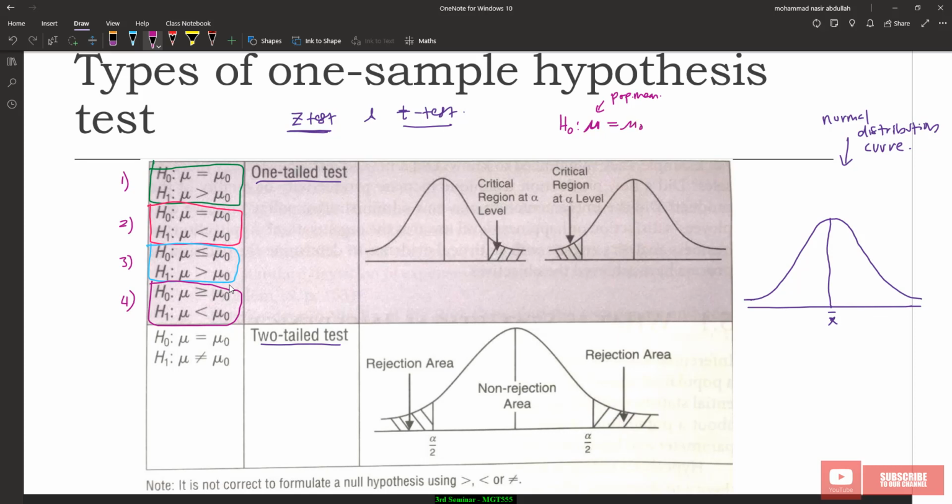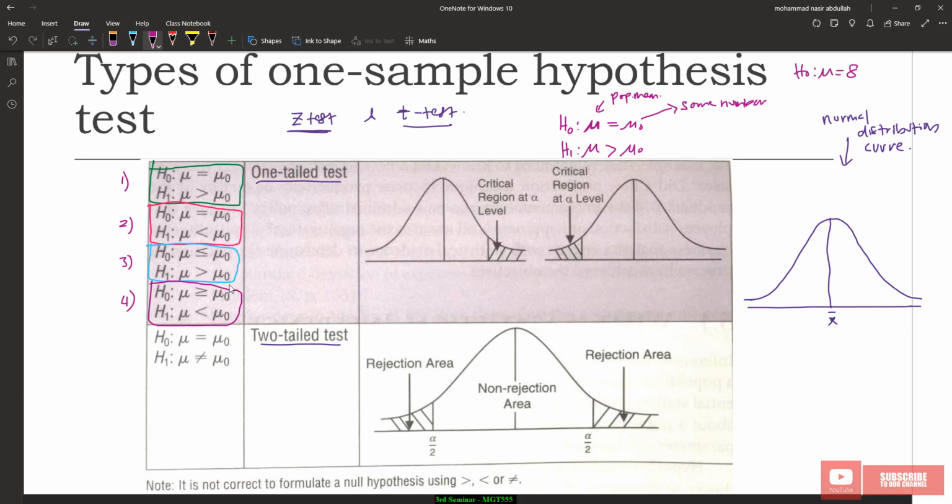Mu naught is some number, represent number lah. So maksudnya null hypothesis can be mu equal to 8, mu equal to 9. Mu naught ni represent any number, right? So kalau kita tengok the first one, alternate hypothesis, mu is more than mu naught.